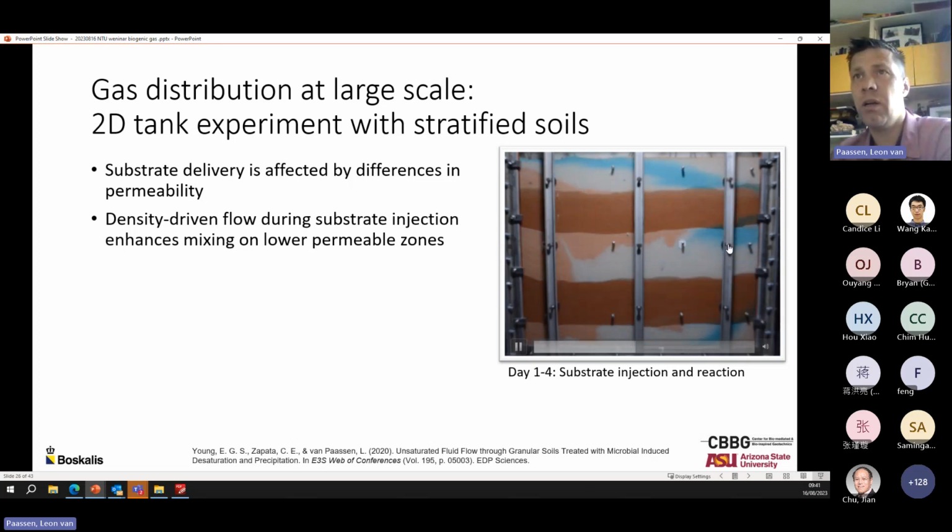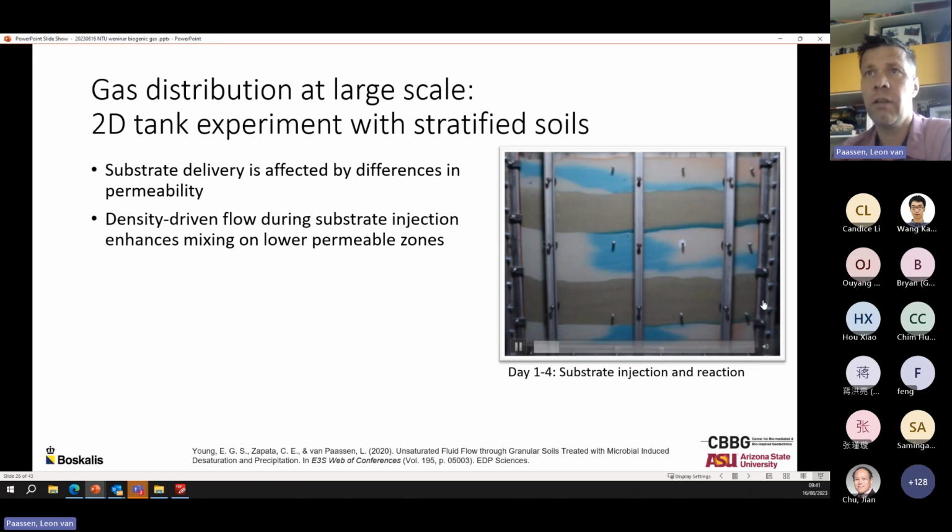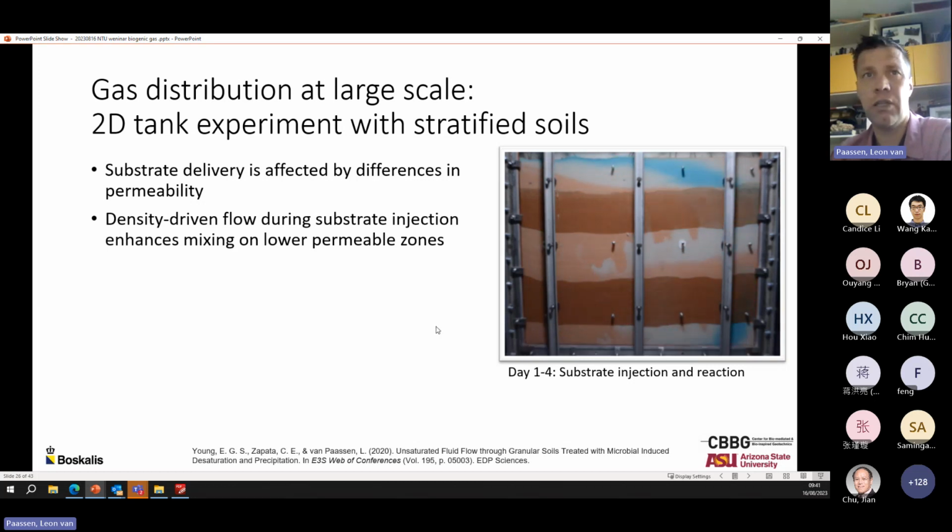So even though the zone close to the outlet didn't receive a lot of substrates, due to this gas formation, you get a lot of convection through the system. So eventually, due to gas migration, the entire tank was partially desaturated. And we could demonstrate that from the actual measurements.